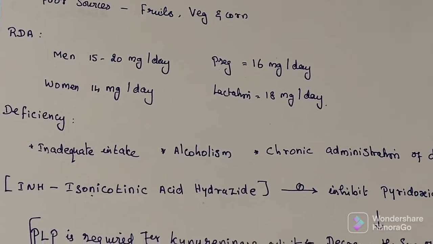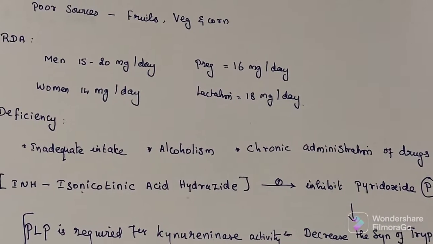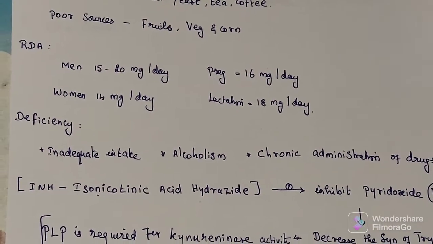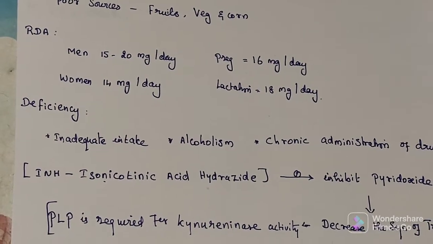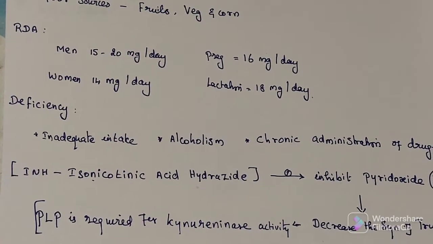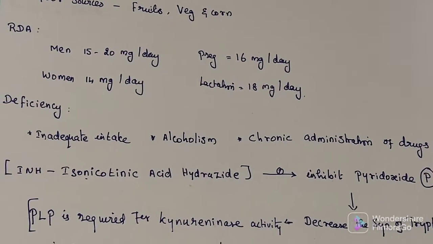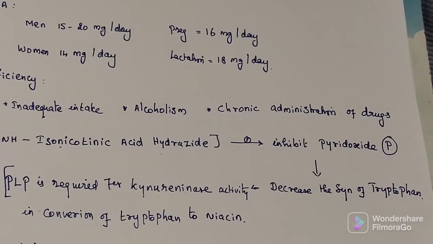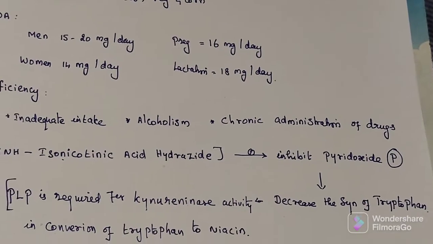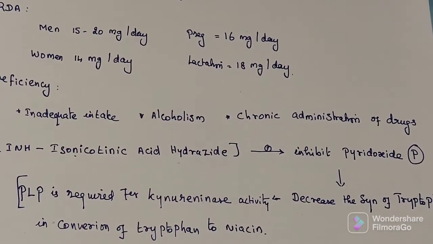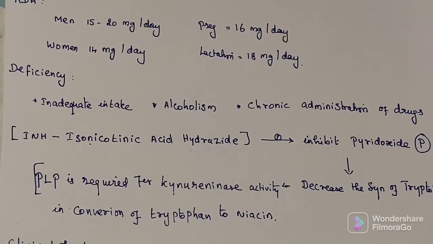Deficiency manifestation: inadequate intake, alcoholism, chronic administration of drugs. Deficiency occurs when a tuberculosis patient takes treatment with INH. This inhibits pyridoxal phosphate. That is why the synthesis of niacin from tryptophan decreases, as PLP is required for kinase activity in the conversion of tryptophan to niacin.